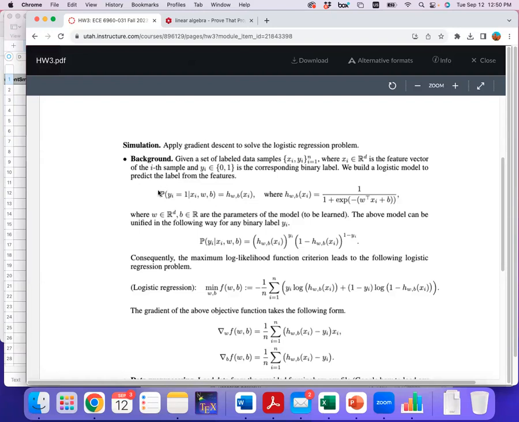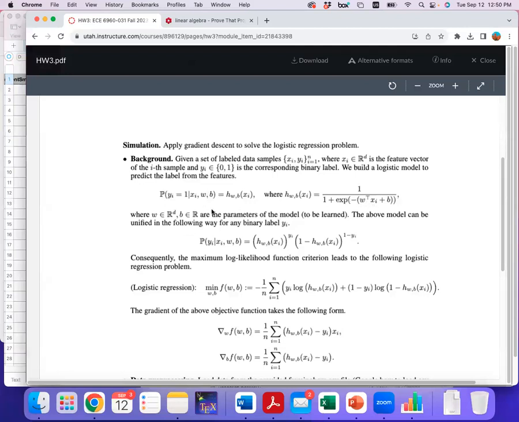And we will parameterize such a conditional probability using the logistic model. So this conditional probability is P of Yi given Xi and the parameters of the model. And this is how the model works.